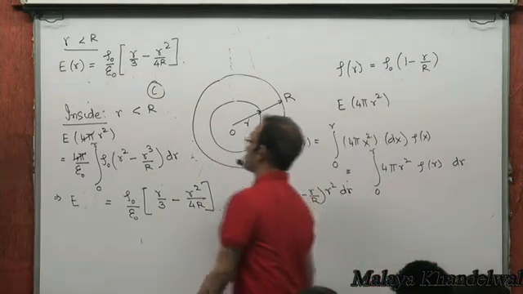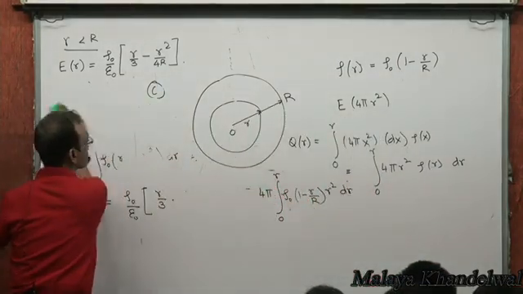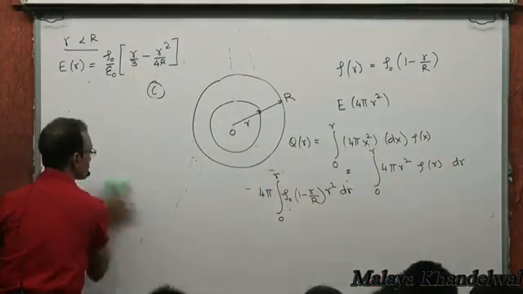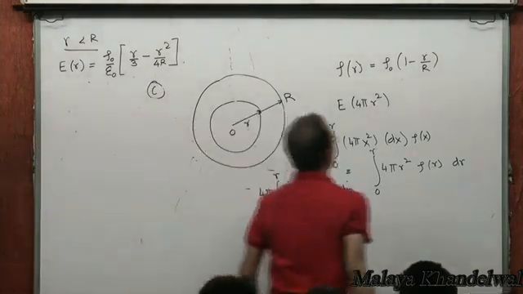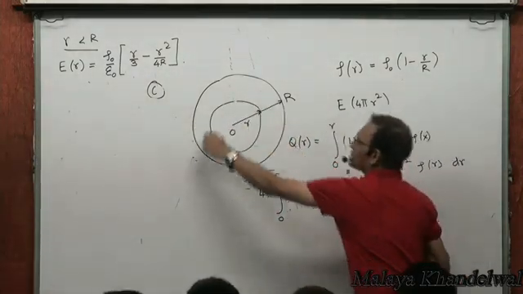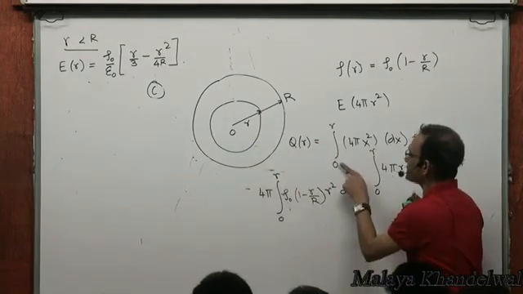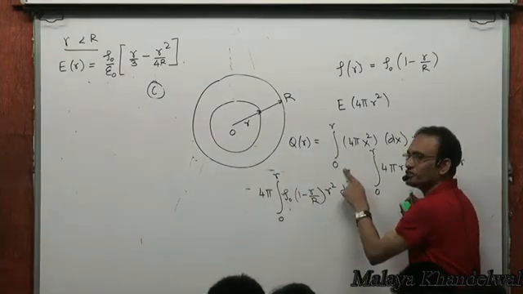Now outside the region. If I have to find the total charge inside this, what would I say? 0 to capital R will give me the total charge, right?